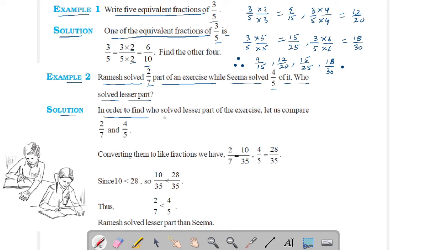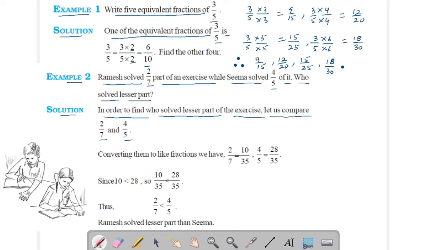In order to find who solved the lesser part of the exercise, let us compare 2 upon 7 and 4 upon 5. For this, make the denominators of both the fractions equal. It means you have to take the LCM of 7 and 5, that is 35. If you multiply 7 by 5, you will get 35.